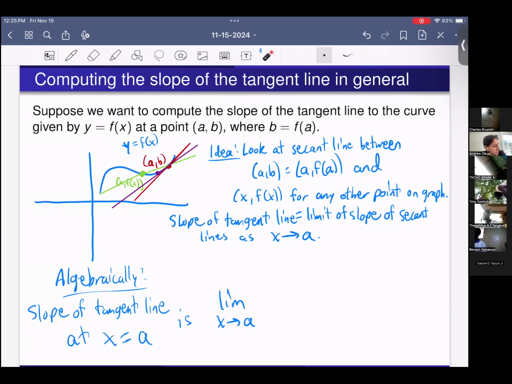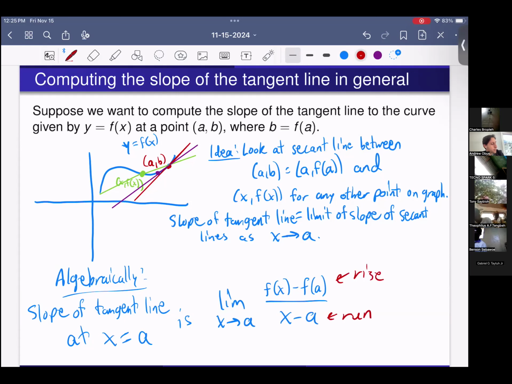These are our 2 points. And so that slope is just rise over run. So that's f of x minus f of a divided by x minus a. Okay, so this here is the rise, and this here is the run. Okay, and this is our formula.